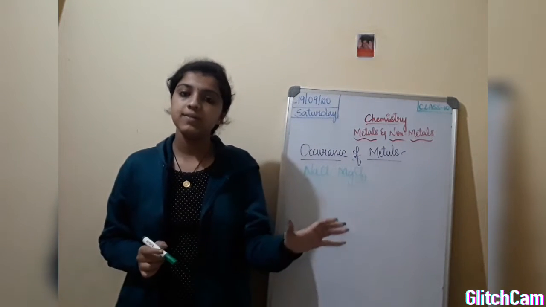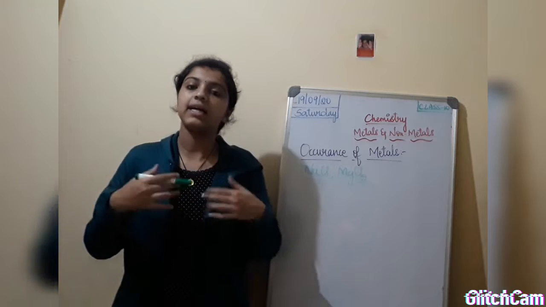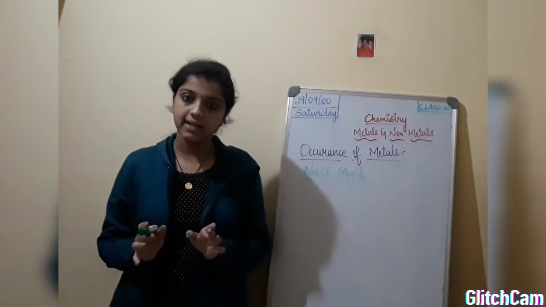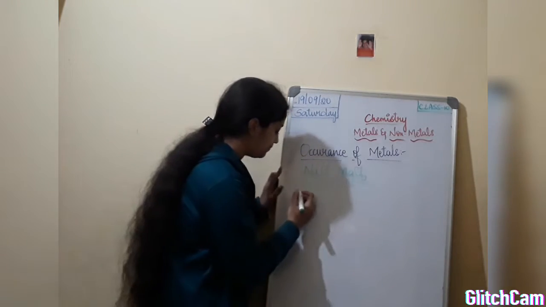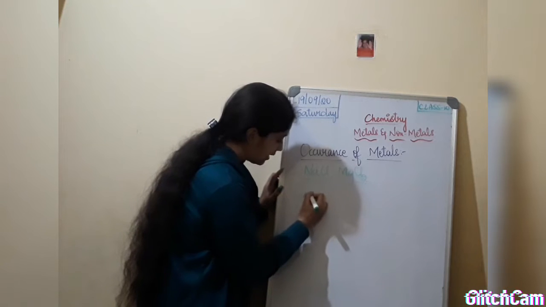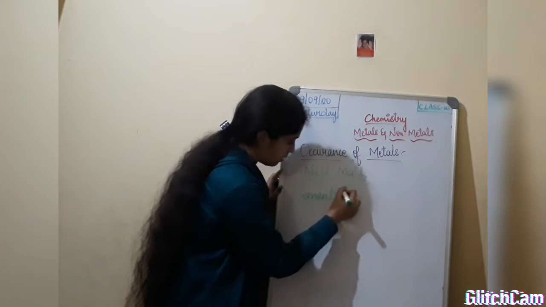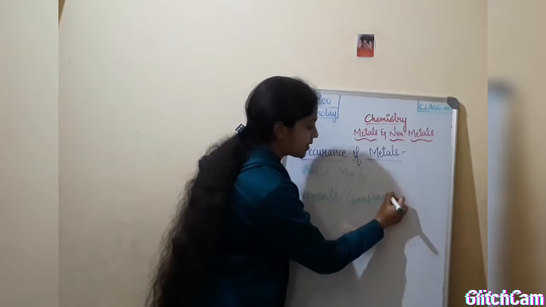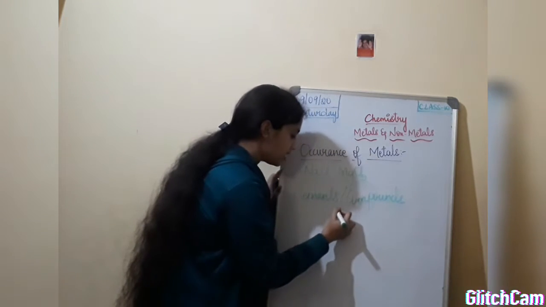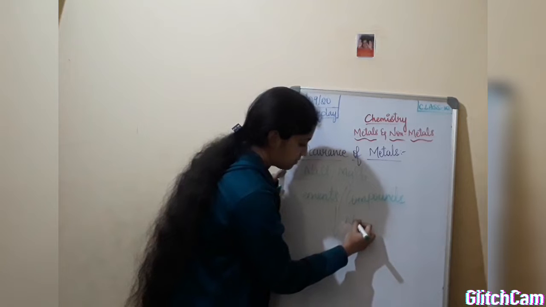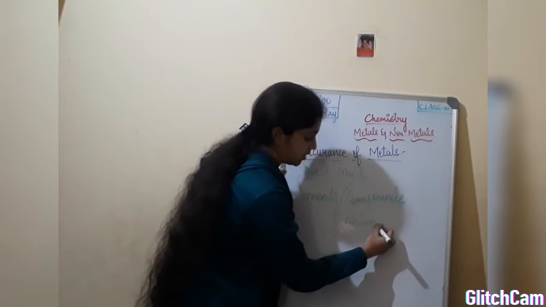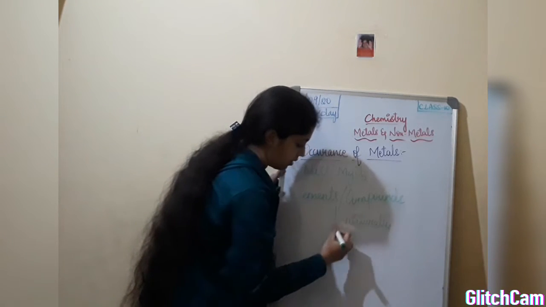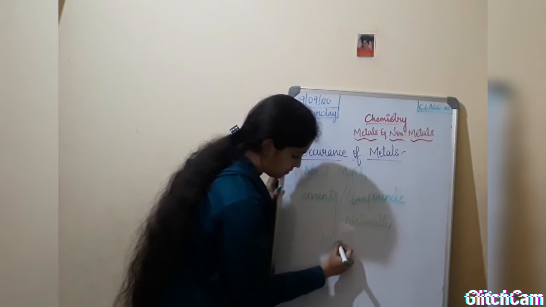Elements or compounds that occur naturally in the Earth's crust are called minerals.